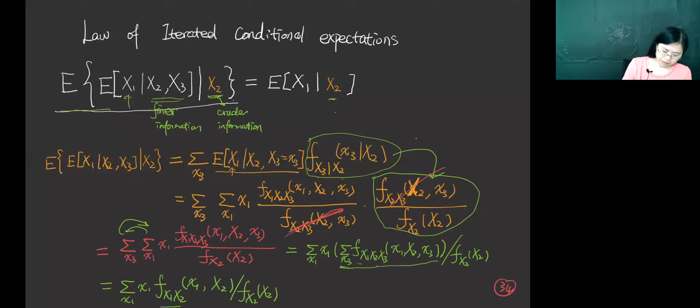And what is this ratio? This ratio is the conditional distribution of x1 given x2. Therefore, this weighted average is the conditional expectation of x1 given x2. So that proves the law of iterated conditional expectation.